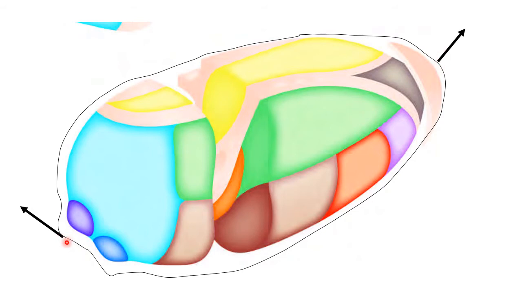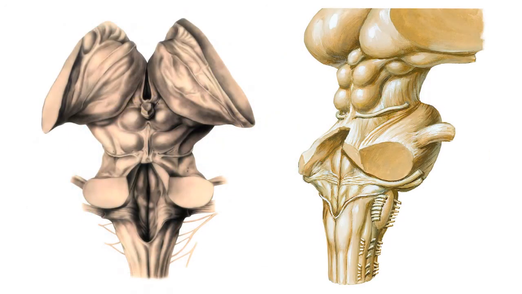The posterior end, also called the pulvinar, projects posterolaterally. And the anterior end is present exactly at the posterior boundary of the interventricular foramen of Monro.